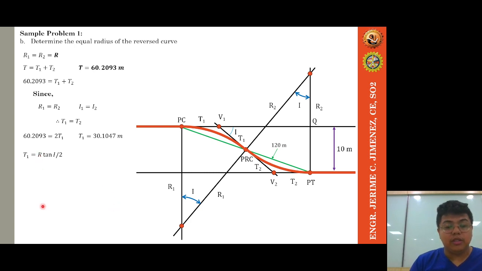Substituting the value of T sub 1 and the central angle, we have 30.1047 is equal to R times the tangent of 9.5604 all over 2. We can compute the value of the common radius as 359.9992 meters. And that will be your answer for sample problem 1B.